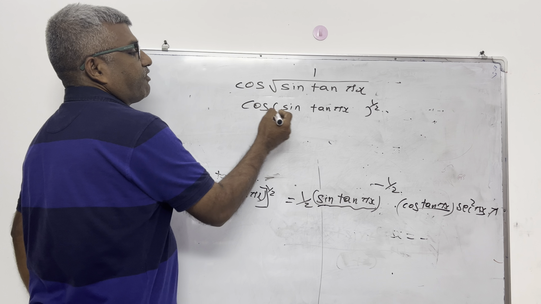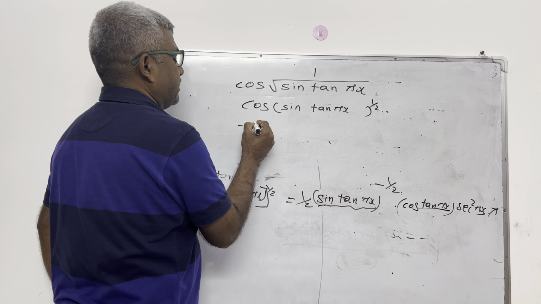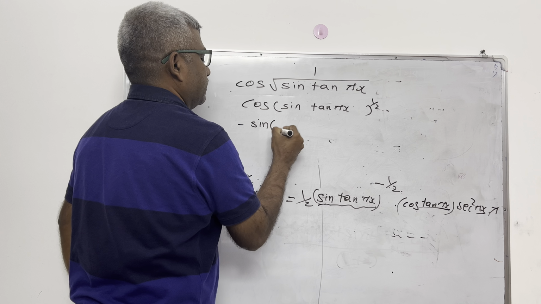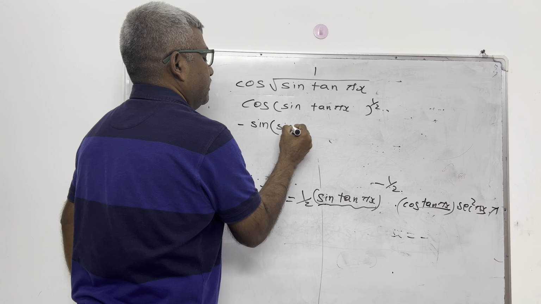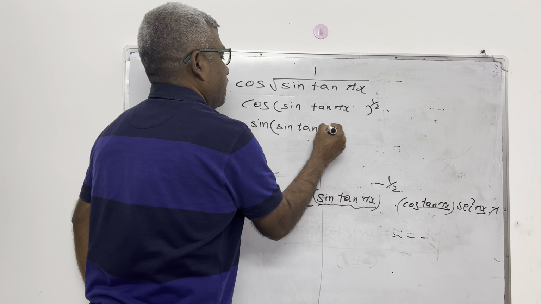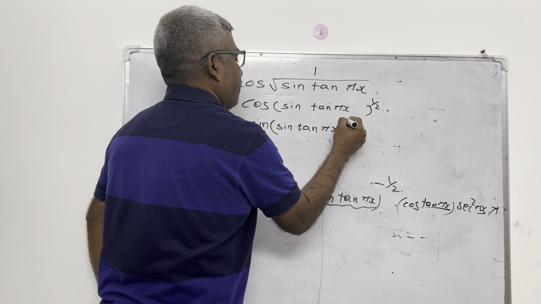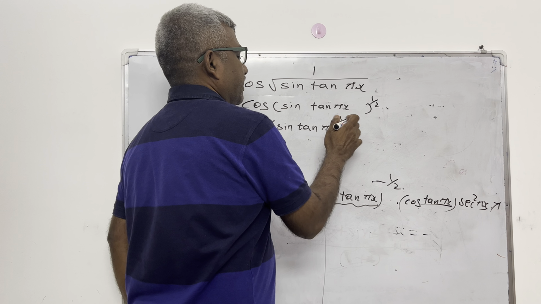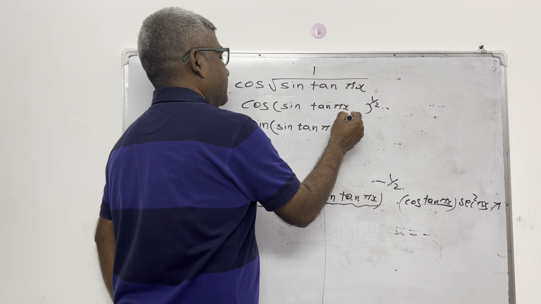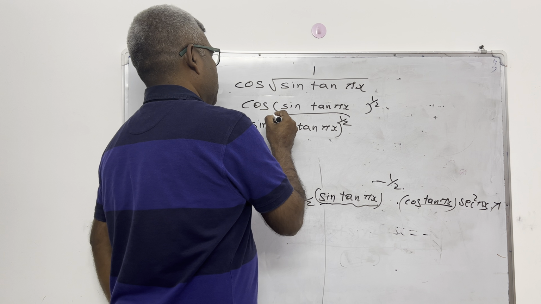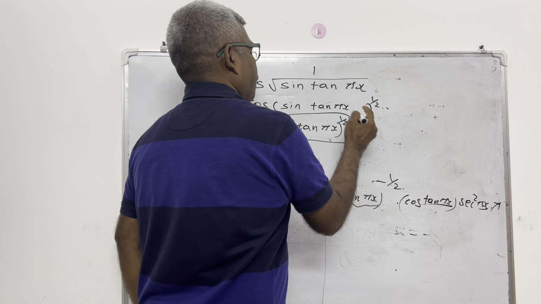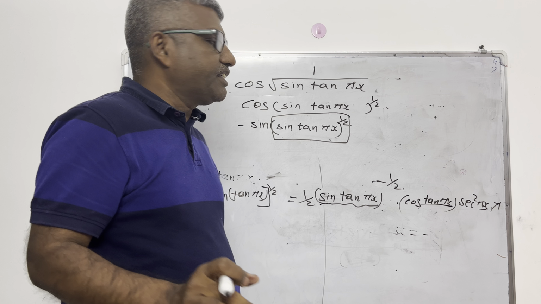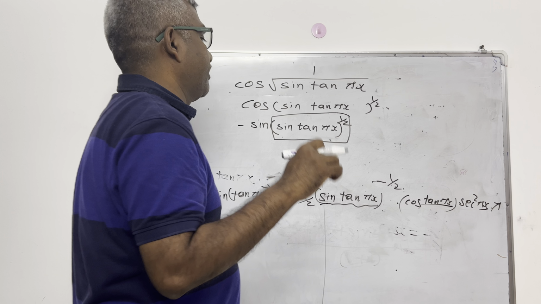What is the differentiation of cos x? Cos x is minus sin x. Instead of x, I am going to put this one, sin tan pi x to the power of half. Okay. The first chain starting. Now we have to differentiate this part. How? It is x power n. X power n, how to differentiate? Nx to the power of n minus 1.